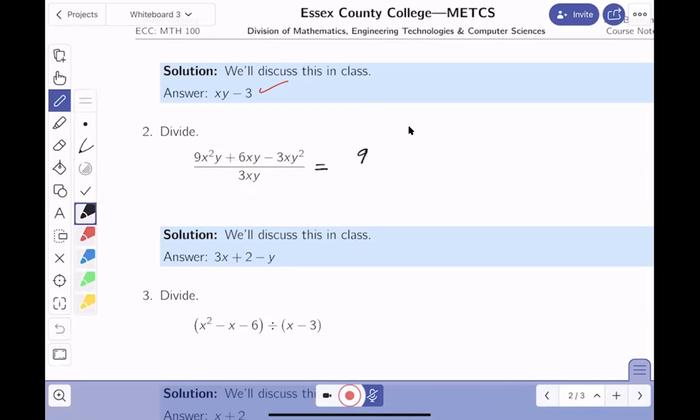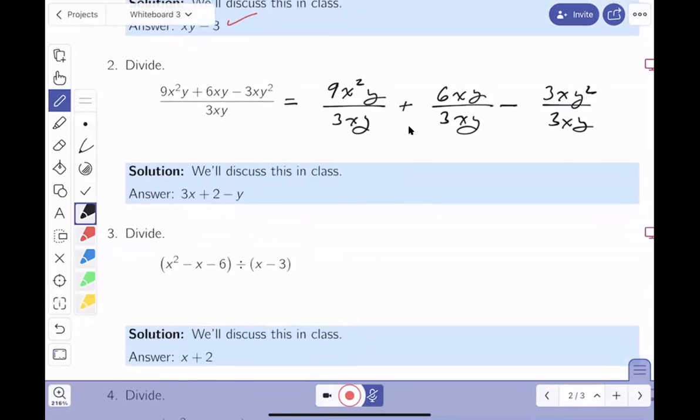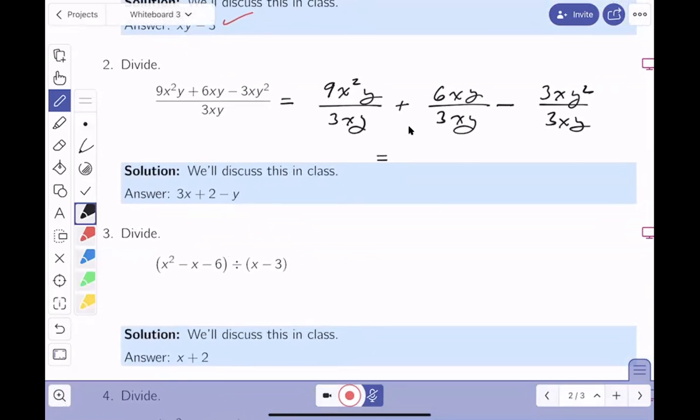So what do you get? 9x squared y divided by 3xy, a simple reduction problem, plus 6xy over 3xy minus 3xy squared over 3xy. By the way, you're going to make mistakes, and that's why we give you a key. Hopefully you're not making too many mistakes, and you can match the answers that we're giving you.